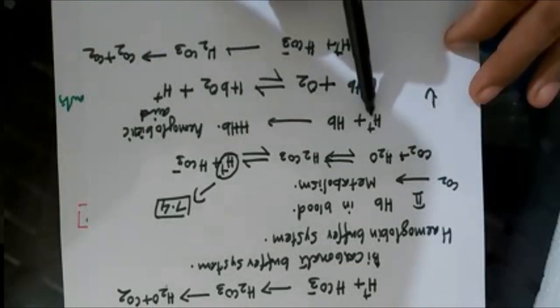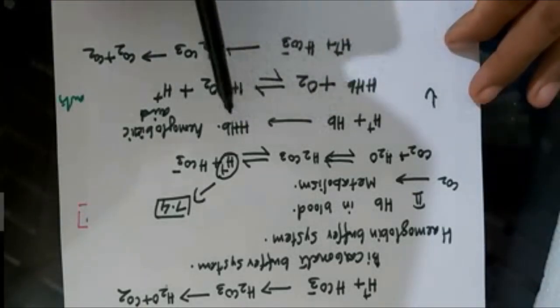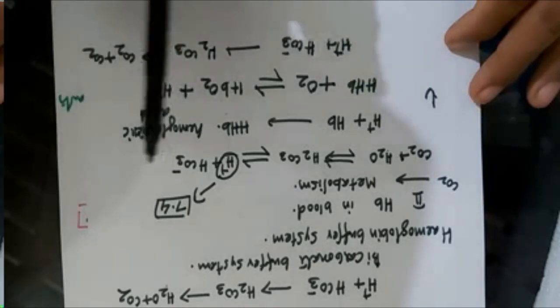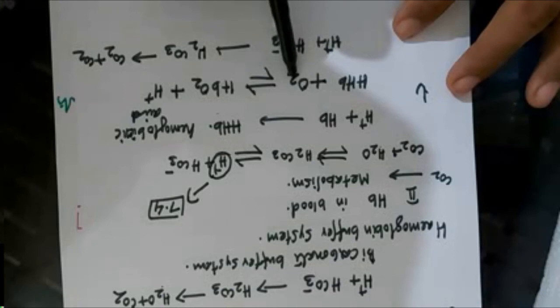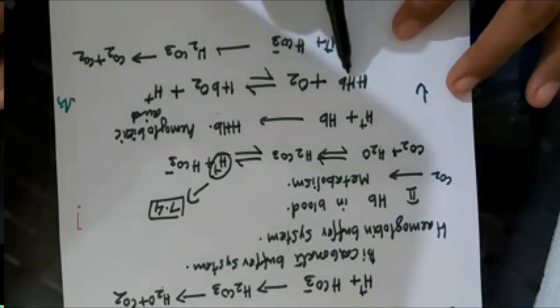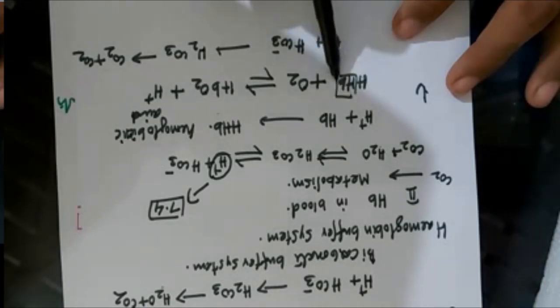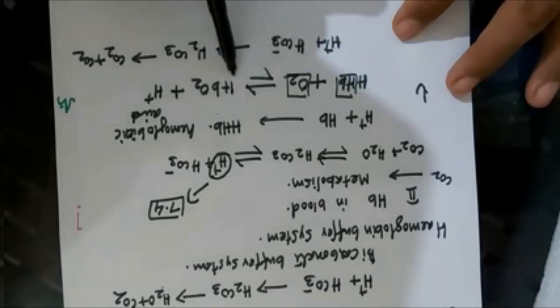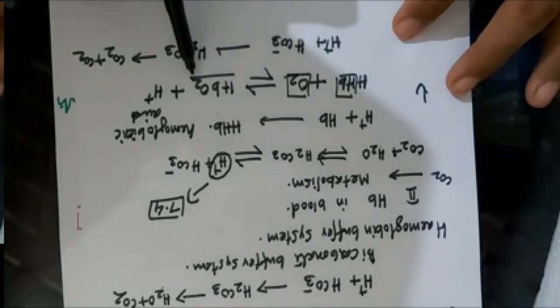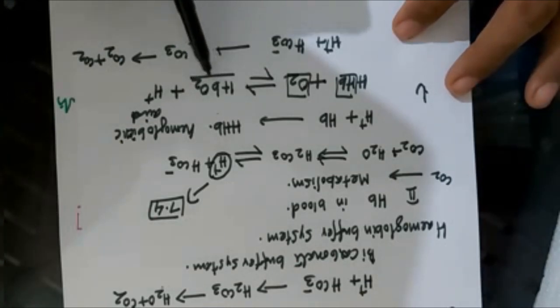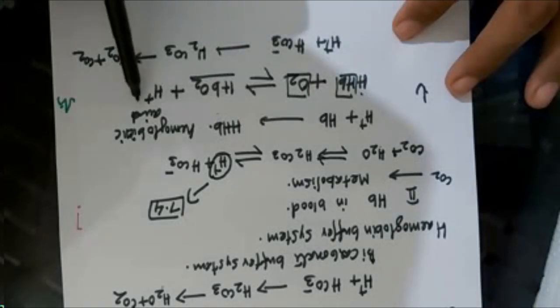So this H+ ion is received by the hemoglobin to form hemoglobinic acid and transported to the lungs. In the lungs there is a high concentration of oxygen. So what happens? This HHb, hemoglobinic acid, dissociates, and this Hb combines with the oxygen to form what? Oxyhemoglobin is formed, and this H+ ion is released.